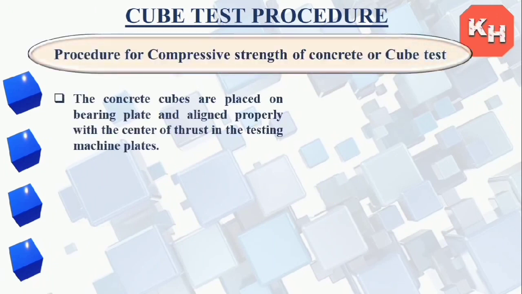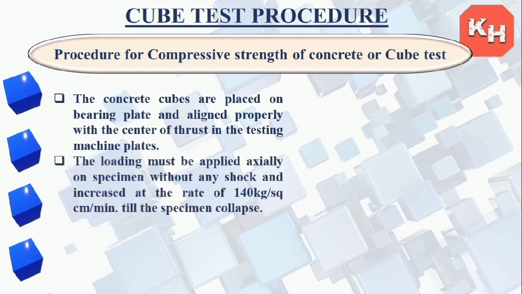The concrete cubes are placed on the bearing plate and aligned properly with the center of thrust in the testing machine plates. Loading must be applied axially on the specimen without any shock and increased at the rate of 140 kg per square centimeter per minute till the specimen collapses.